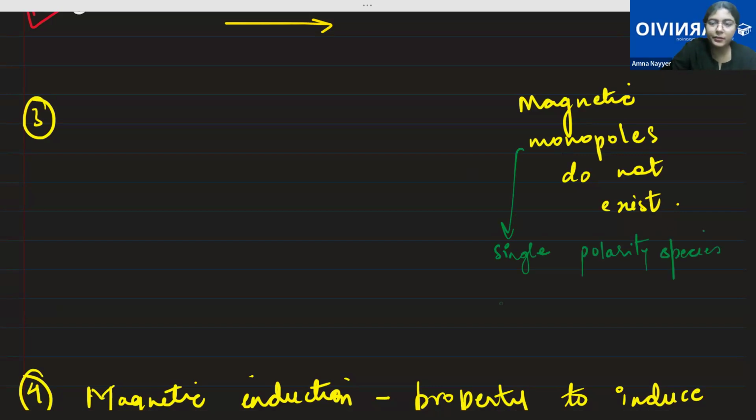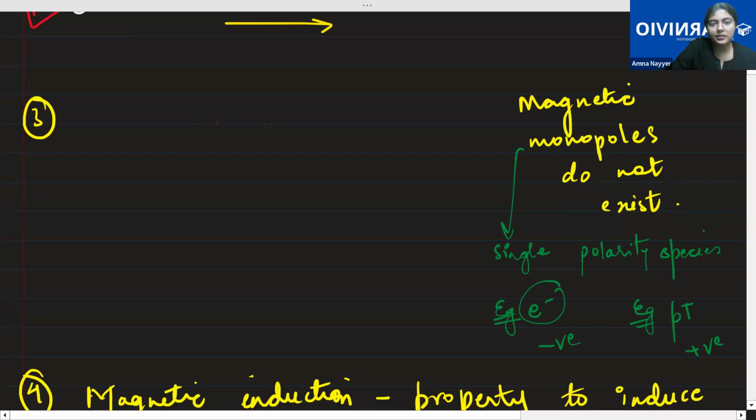Now, single polarity means, like if I talk about electrons, they are completely negatively charged. Or if we talk about protons, they are only positively charged, right? And they exist independently also.